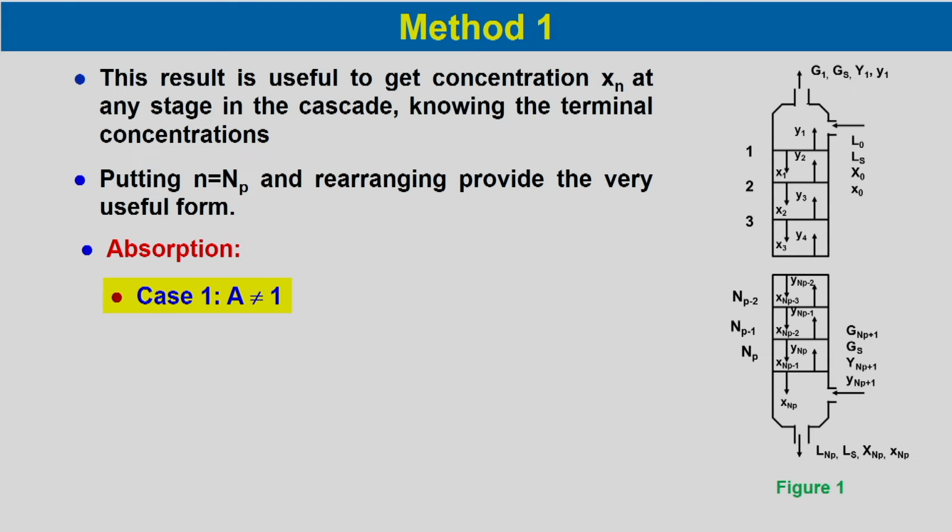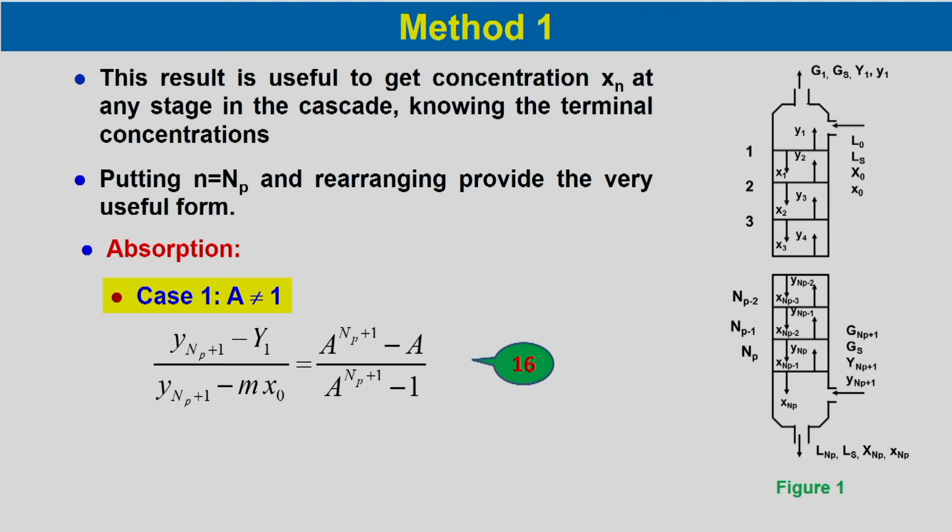Now, in case of absorption, we will consider a few cases. One is when the absorption factor is not equal to 1. In that case we will obtain from that equation (y n p plus 1 minus y 1) divided by (y n p plus 1 minus m x naught) equal to (a to the power n p plus 1 minus a) divided by (a to the power n p plus 1 minus 1).